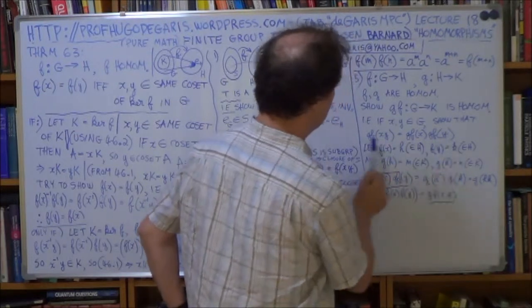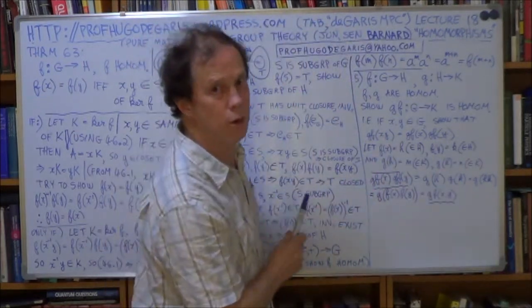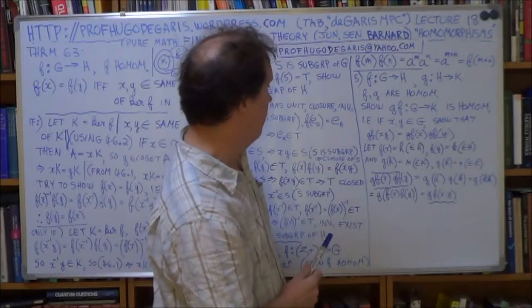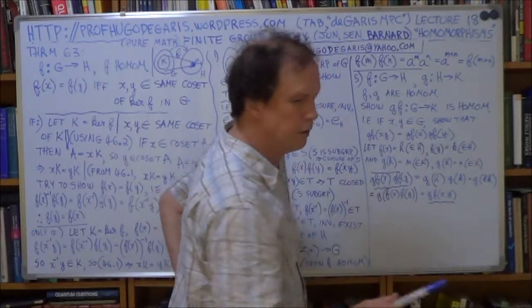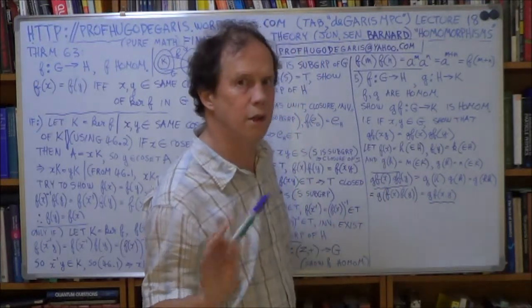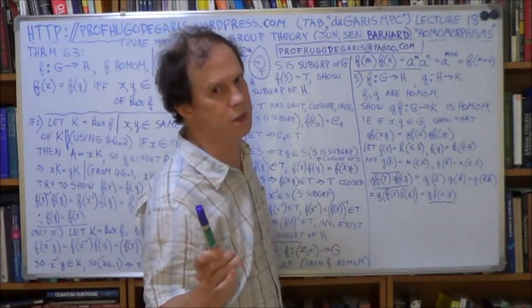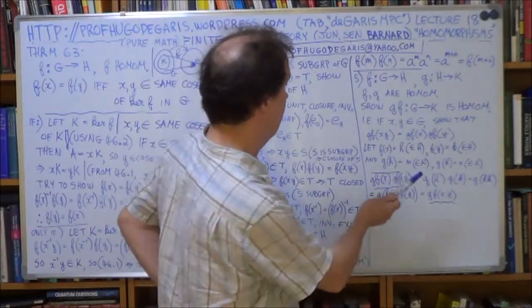If that's true, then gf is homomorphic. Now we know f and g separately are homomorphisms. f's homomorphic, g's homomorphic.